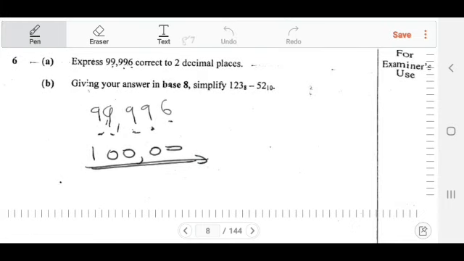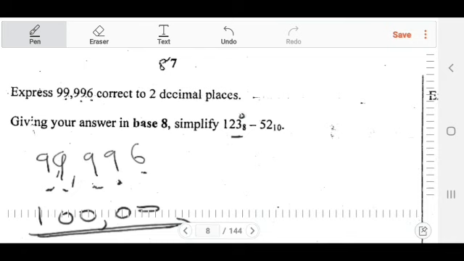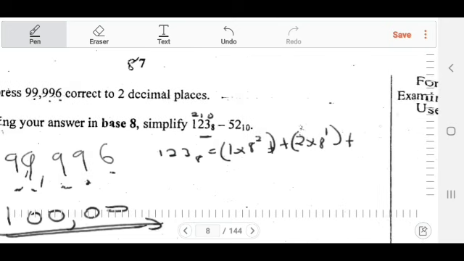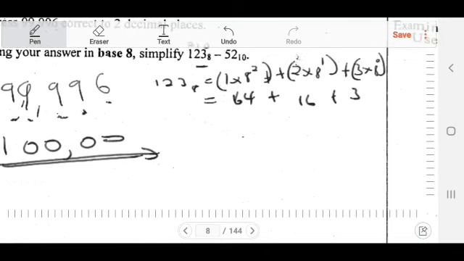Giving your answer in base 8, simplify this one. We can convert this one to base 10. So let's do that. Here we put 0, 1, and 2. Then 123 base 8 equals 1 times 8 to the power 2 plus 2 times 8 to the power 1 plus 3 times 8 to the power 0, which is going to give us 64 plus 16 plus 3, which is equal to 83.